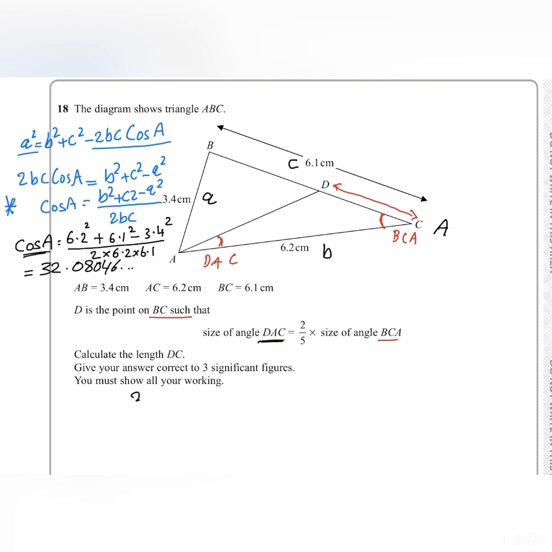So angle DAC is 2/5 times 32.08046, and DAC equals 12.832. So this angle here, DAC, is 12.832.